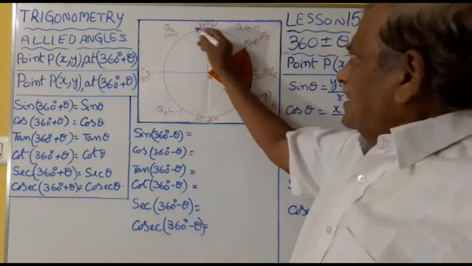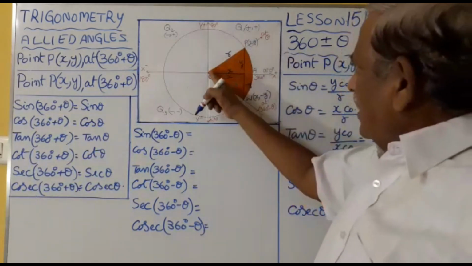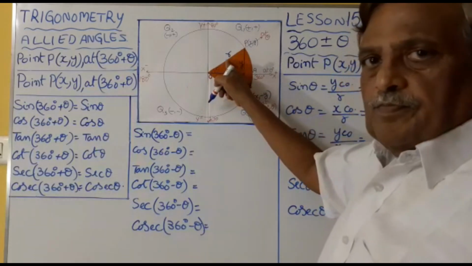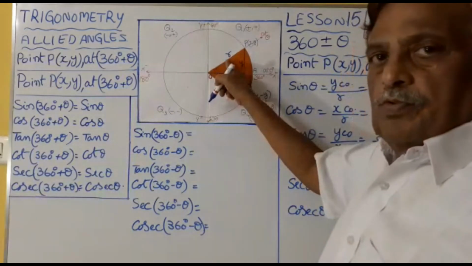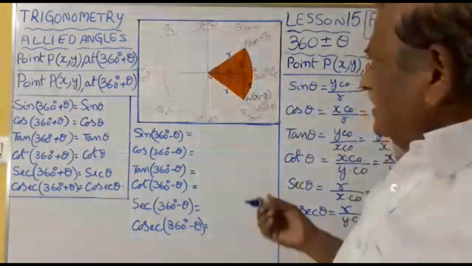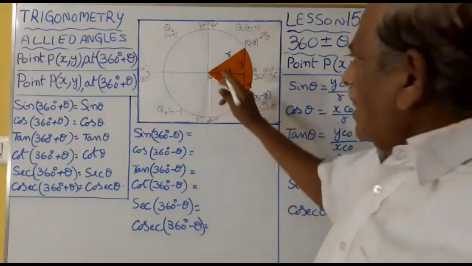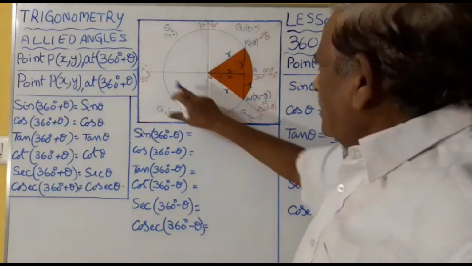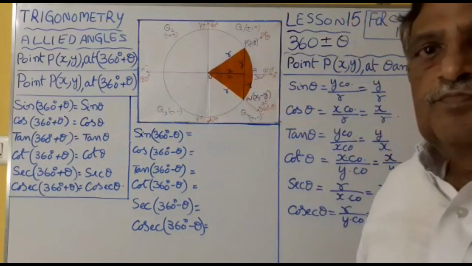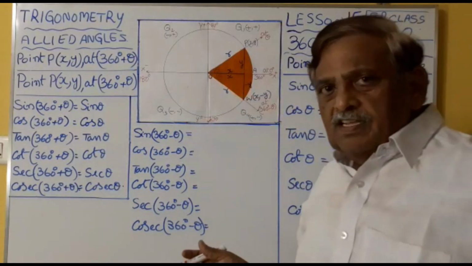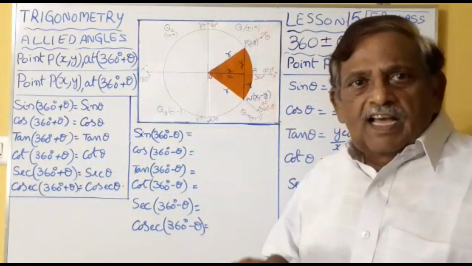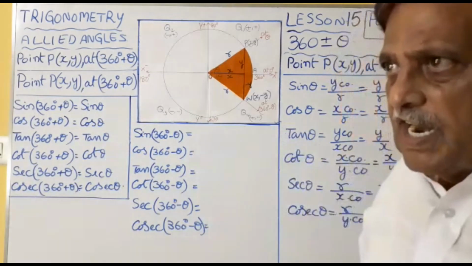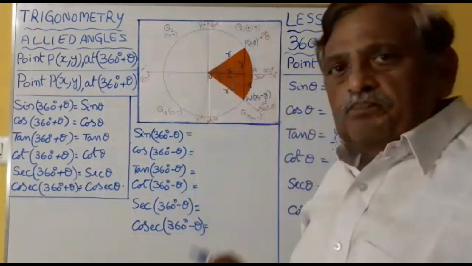Consider a circle of radius r units whose center is the origin of the coordinate axis. That is, the center of the circle and the origin of the coordinate axis are the same.